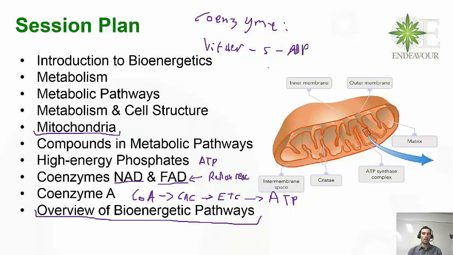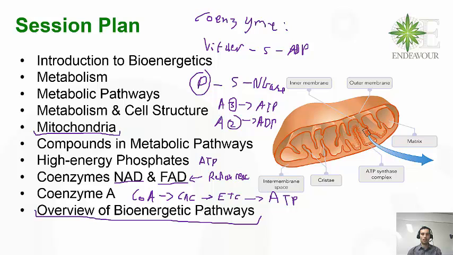So remember, ATP has the same structure as a nucleotide. We've got the sugar, the nitrogen-containing base, and we've also got one or more phosphates. So if we had adenine with three phosphates within this structure, then that was ATP, whereas if we had adenine with two phosphates, then that was ADP, and adenine with a single phosphate was AMP.